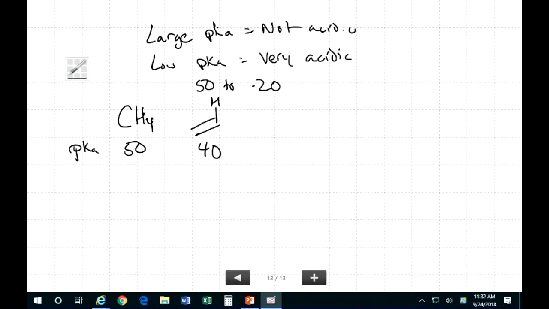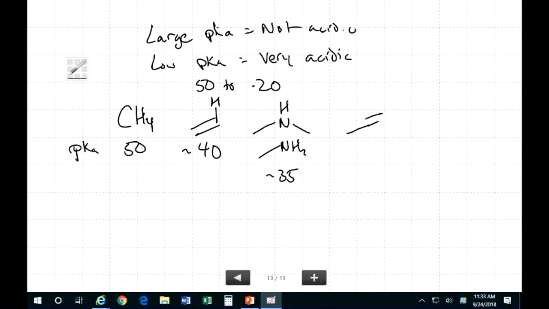Now, between alkene and the next carbon, we have amines. I'm going to say about 40. And amine, so either a secondary amine or a primary amine, pKa is around 35, give or take.